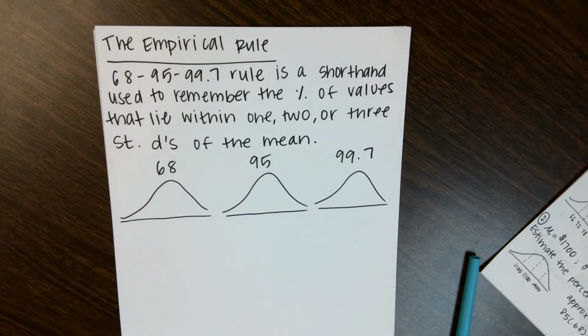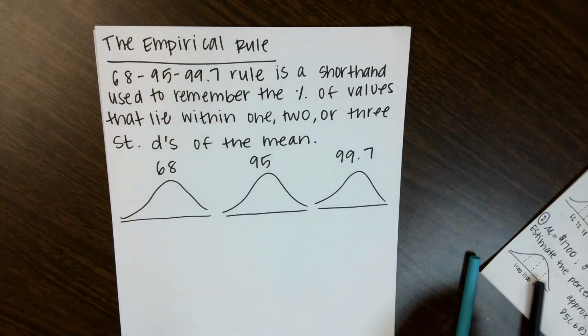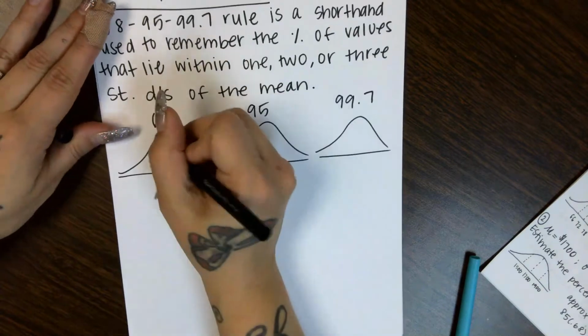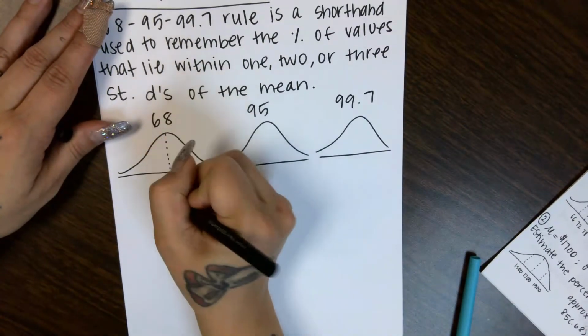It is a shorthand, because 68% of our data is going to lie within 1 standard deviation of the mean, so real close to the center. And the further we go from the mean, the more data is going to lie there. We know that all of our means are right there in the middle.